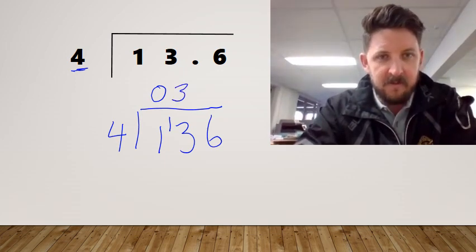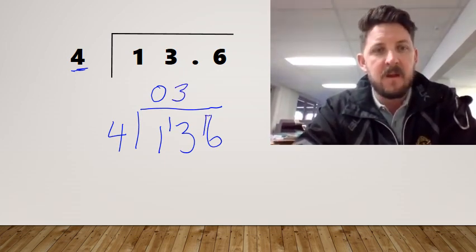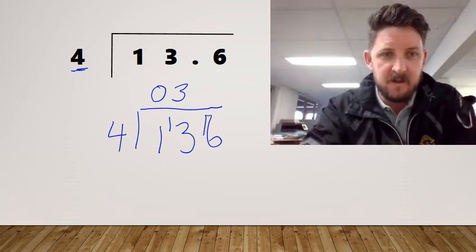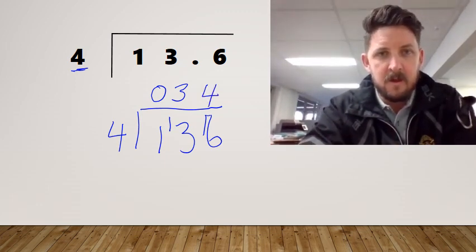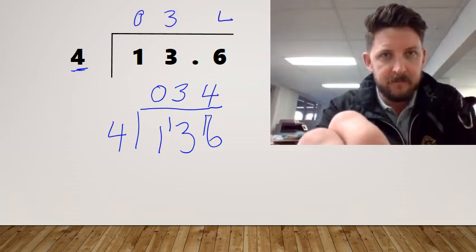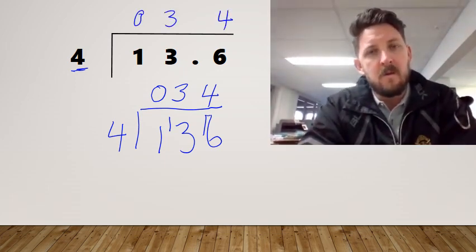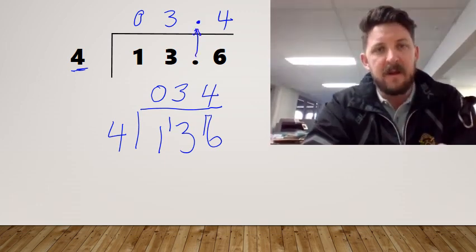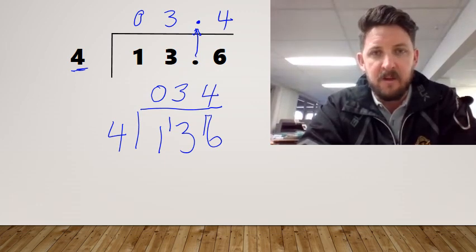I know 3 times with 1 left over. And then how many times does 4 fit into 16, which is 4? Now if I write it up here, I can show you. All I do now is take my decimal place directly above and put it into my answer. So my answer now is 3.4.